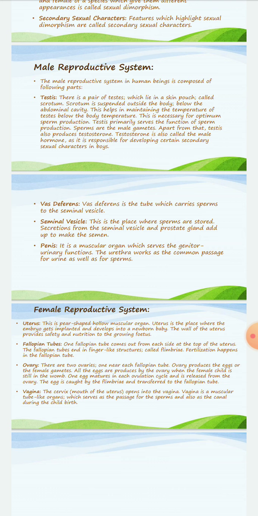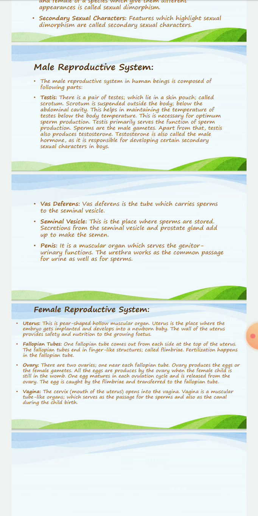So we have already discussed the puberty stage, the physical appearances in male and female, what the changes are, and the different male reproductive organs. Male reproductive organs are testes. There is a pair of testes which lie in a skin pouch called scrotum.